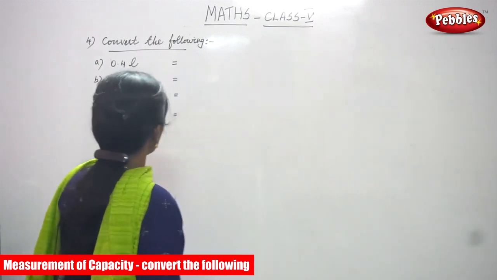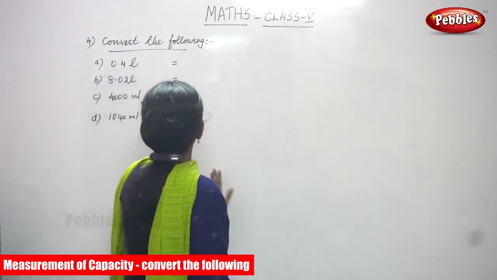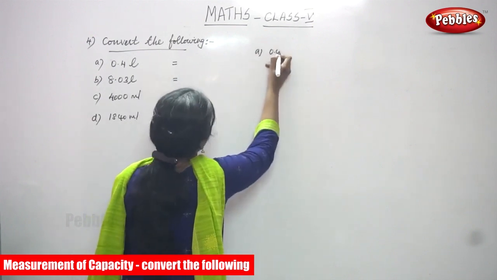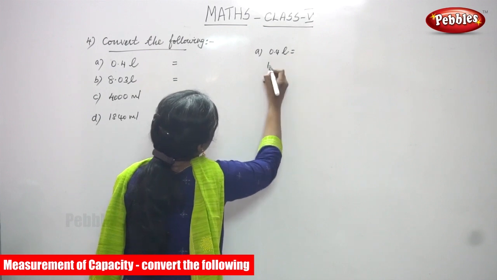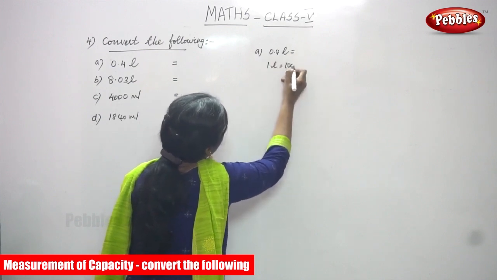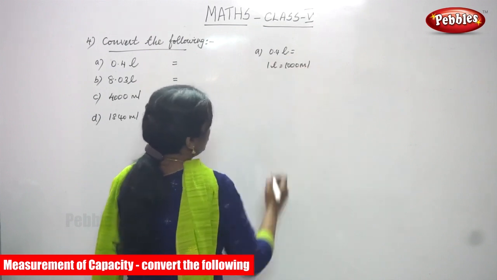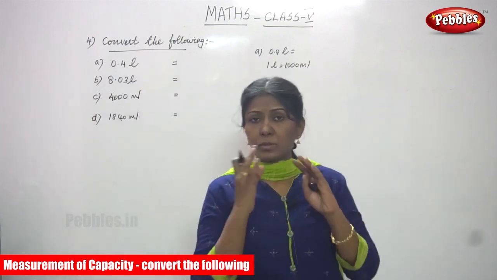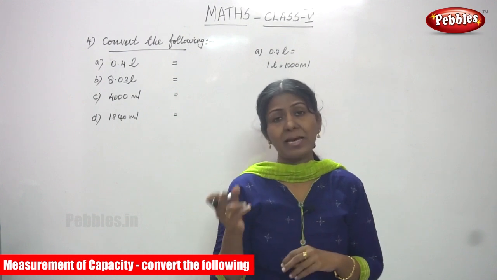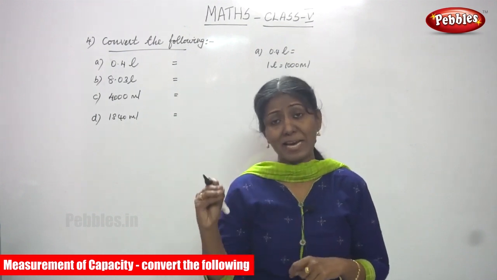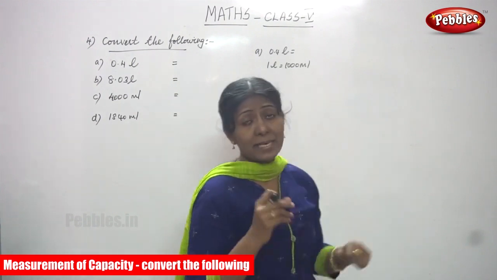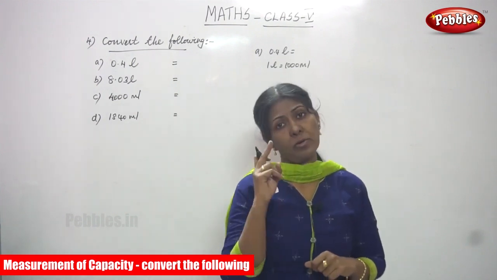The first question we are going to start. Let's start the class. First question, A, 0.4 L. So 1 liter is equal to 1000 ml. You know that very well. 1000 ml is equal to 1 liter and 1 liter is equal to 1000 milliliter. Ml is nothing but milliliter, L is liter. So in this question they're asking 0.4 liter.